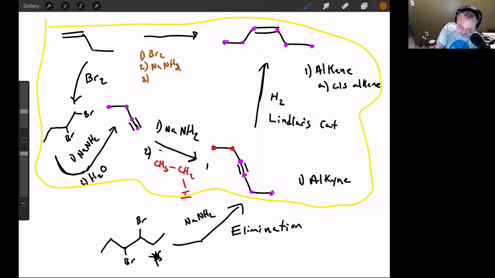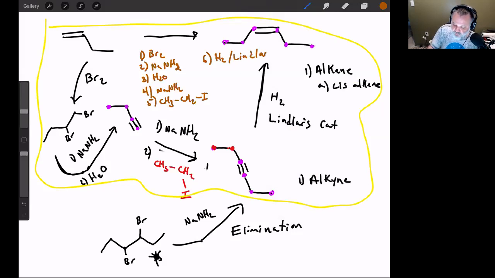Step 3, water. Step 4, sodium amide. Step 5, CH3CH2I. Step 6, H2, Lindlar.